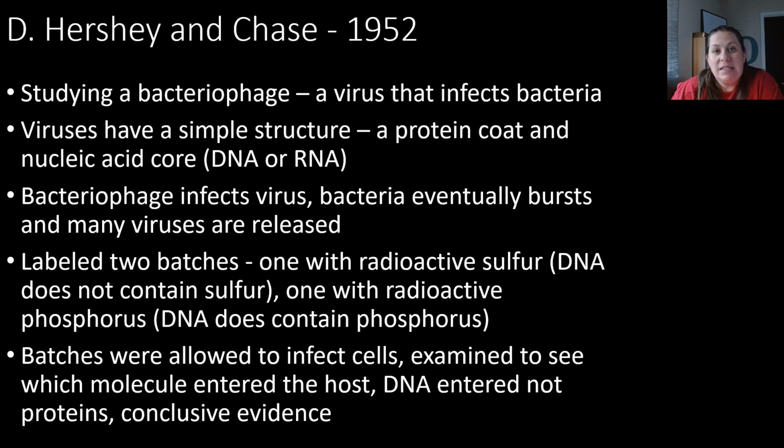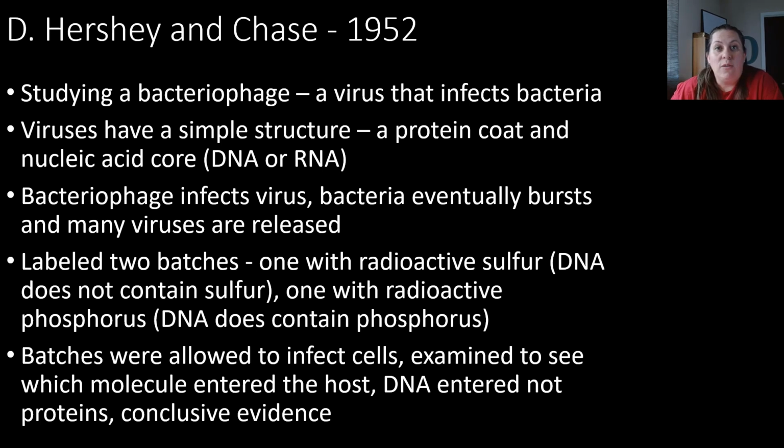Now, what they did is they labeled 2 batches of these bacteriophages. One group they tagged with radioactive sulfur, which is the protein part, as DNA, remember, does not contain sulfur. The other group they tagged with radioactive phosphorus, which is found in DNA. Then they allowed the batches to infect cells, and they examined to see which molecules entered the host.